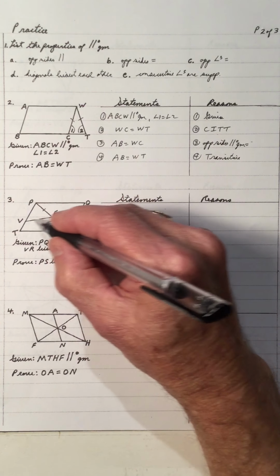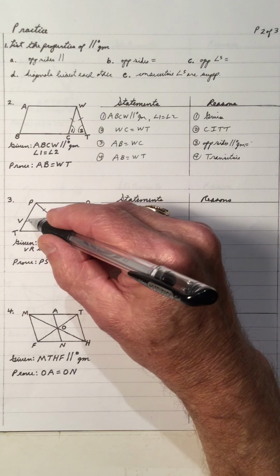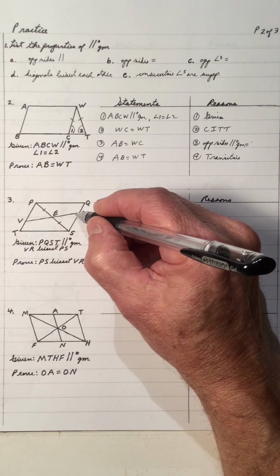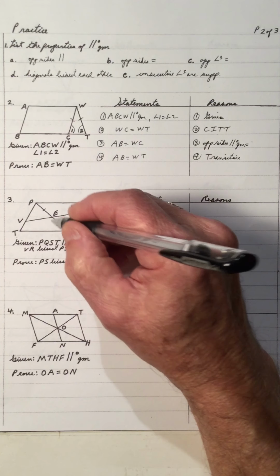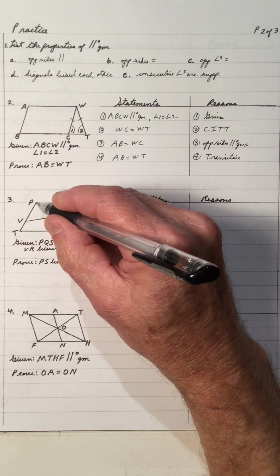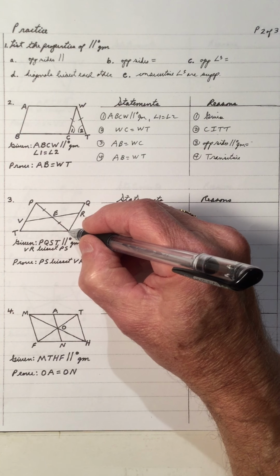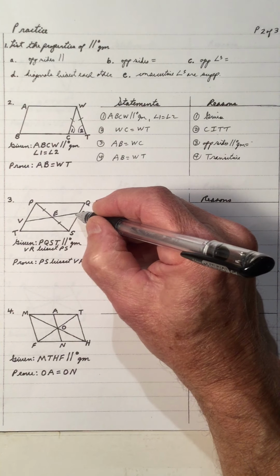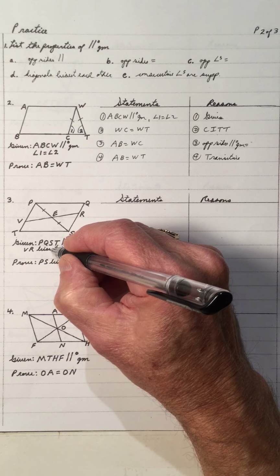To get PS bisects VR, I need to get EV equal to ER. So how do I get EV equal to ER to get the bisector? I have to get PEV congruent to SER. So I already have these equal because of this bisector.